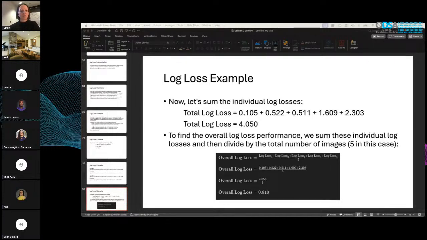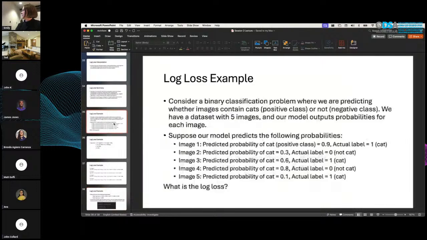Don't listen to what I said earlier, because this value here indicates that it does not range between 0 and 1. That was our worst one, though. That's when we said it was 0.1 chance of being a cat, but it was a cat. So we said 0.1, which is a terrible situation.